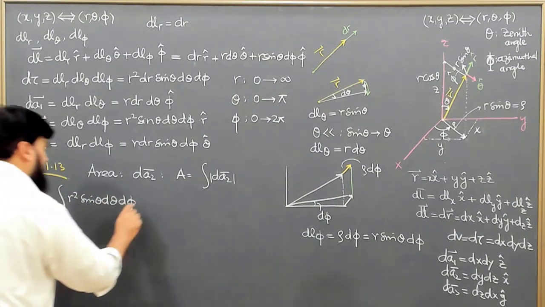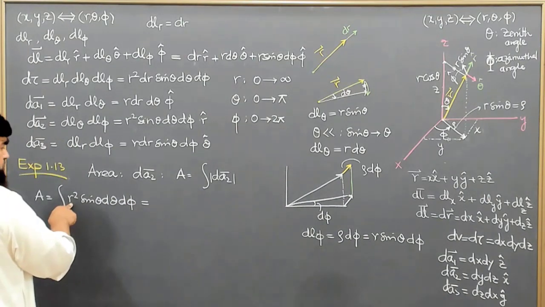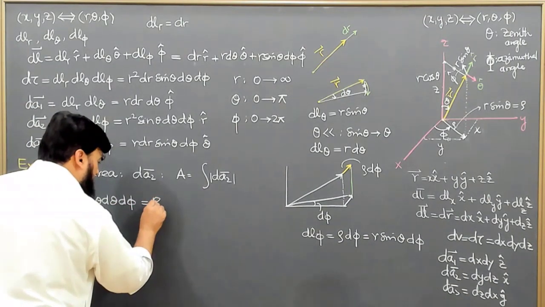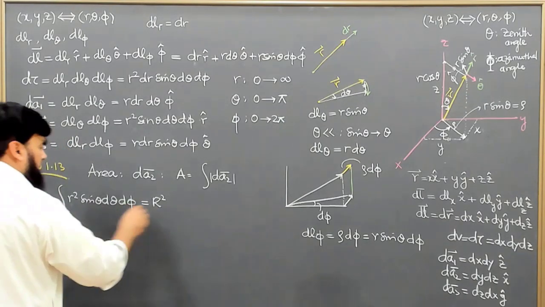And this is equal to, as r is constant here in the sphere, radius capital R, so we have r square.